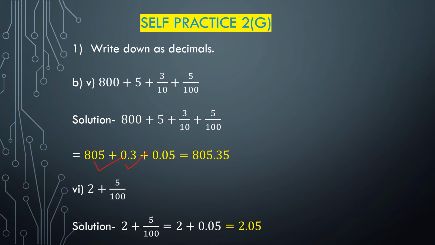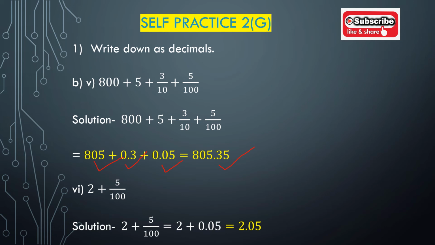And 5 divided by 100 will be, in 100 there are two zeros, so we have to place two digits after the decimal point, so it will be 0.05. Now 805 plus 0.3 plus 0.05 will be 805.35.